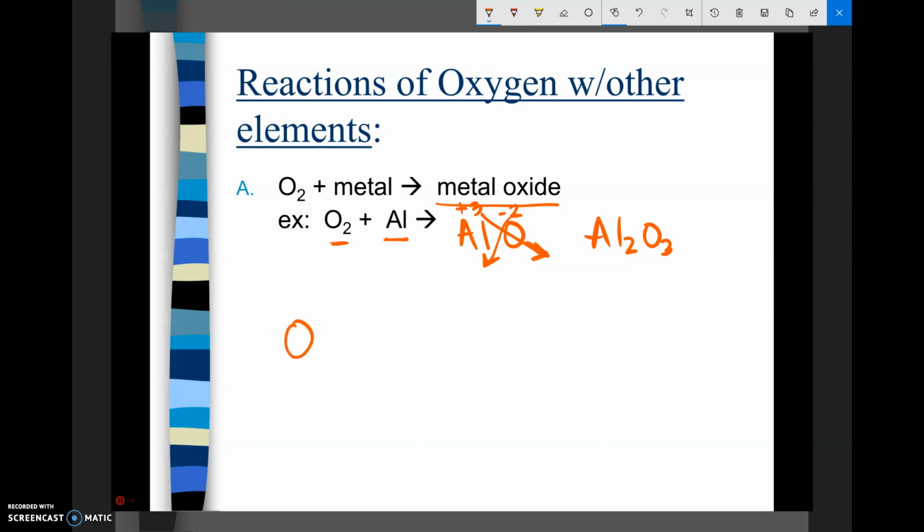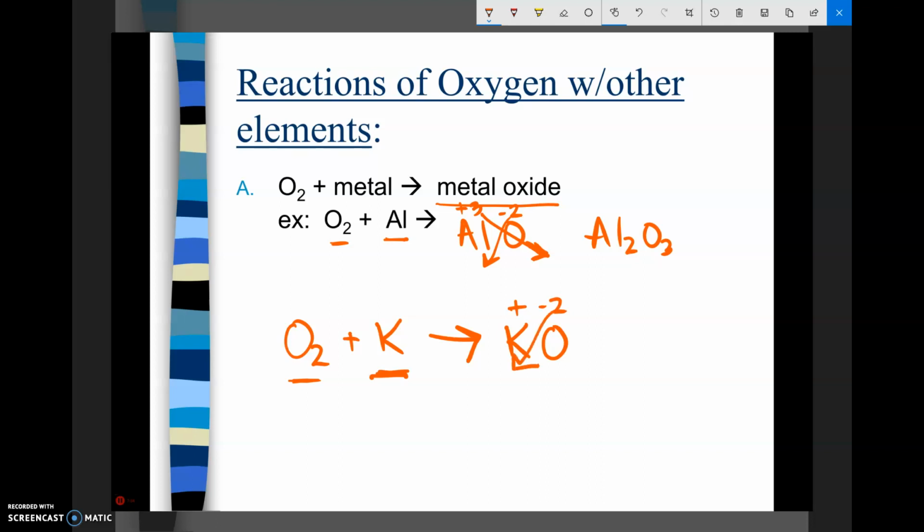Let's say that we have, let's choose potassium. Okay, so here's oxygen, here's our potassium. So we have oxygen plus a metal. We're going to get a metal oxide. The metal goes first, so potassium, there it is. It's in group 1, so it has a +1 charge. Oxide is in group 16, so it's going to have that -2 charge. These charges don't cancel, so we're going to swap and drop.